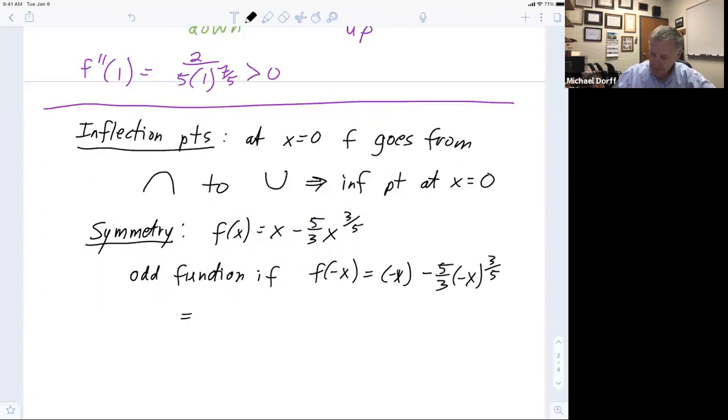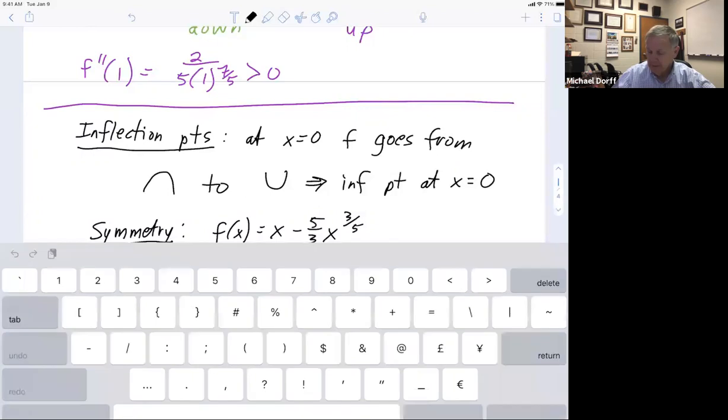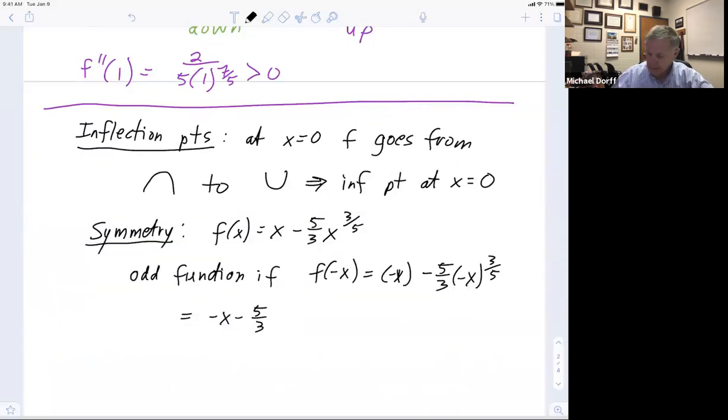So that's going to equal negative x minus 5/3 times negative x to the 3/5. That negative can come out, and so I get negative x plus 5/3 x to the 3/5.